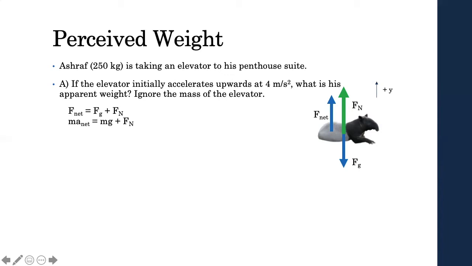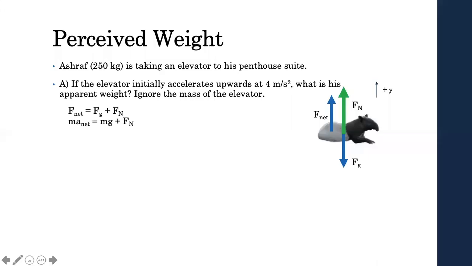And if the net force is mass times acceleration, which would be the acceleration of the elevator, the whole thing, that's equal to the mass of the animal times gravity plus the normal force. Okay, cool, it's back.